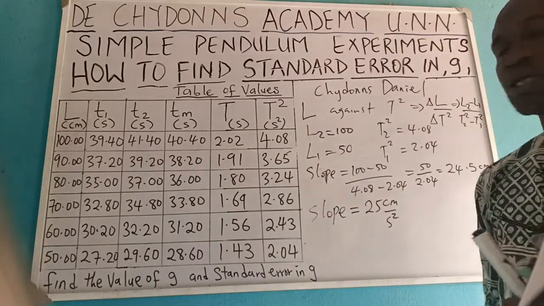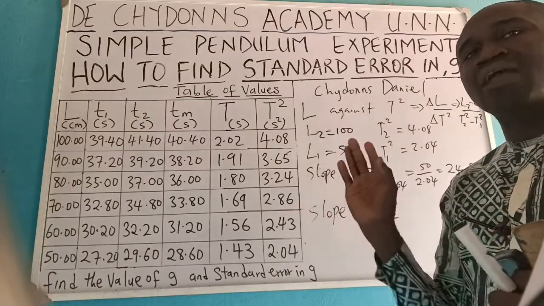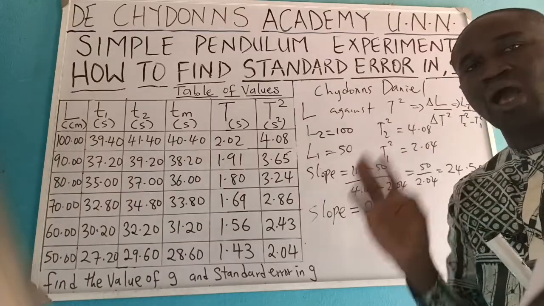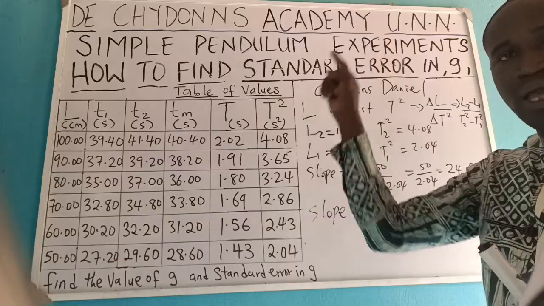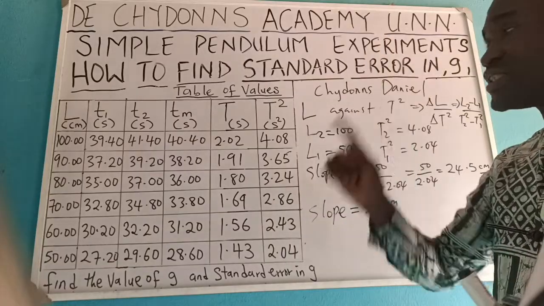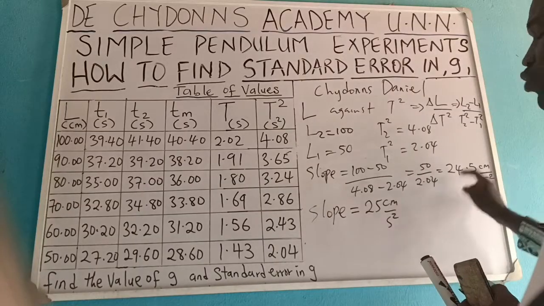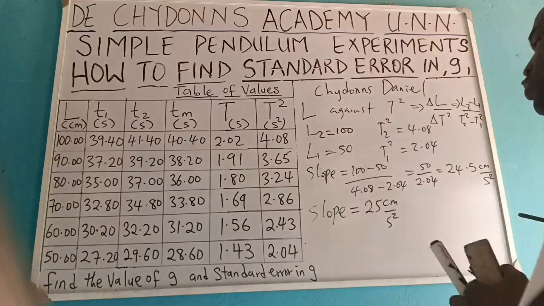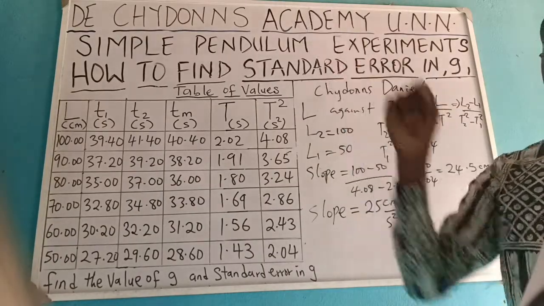Are you getting it? So you can replicate the way I plotted that graph with your standard graph sheet. Connect your line of best fit so that you'll be able to get your slope, and you'll see that your slope will fall about 24 point something cm per second squared. So we are going by 25 because that is a continuation of that video, right?